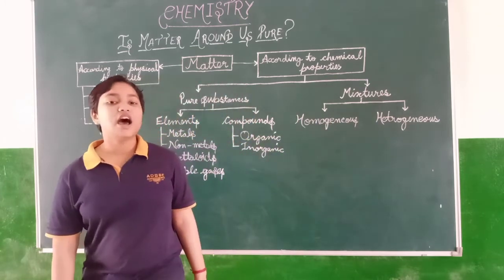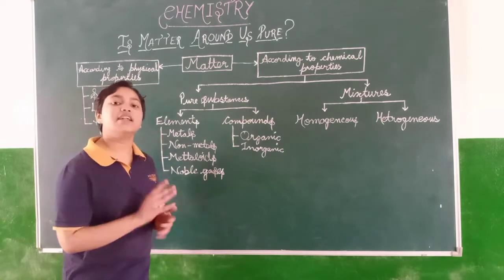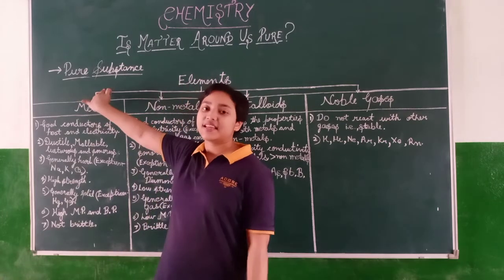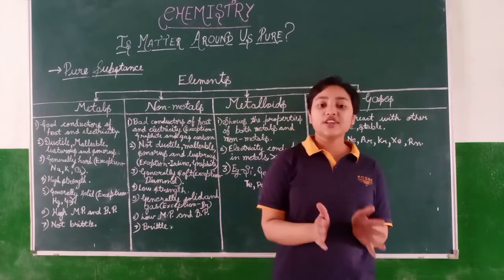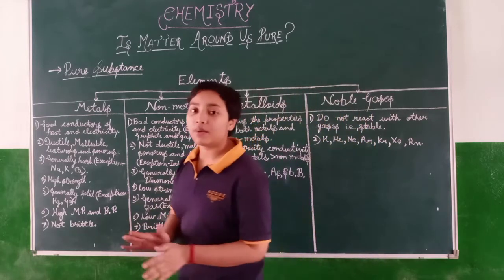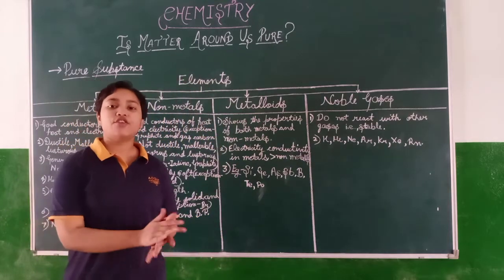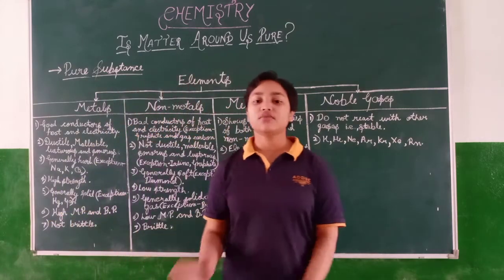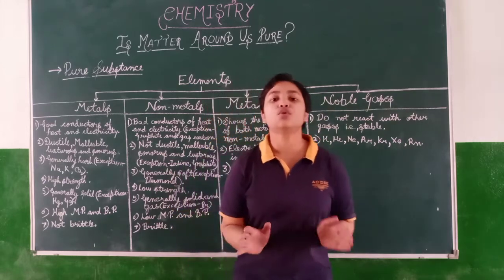So now we will learn about these pure substances and mixtures in detail. First, the pure substances. What are pure substances? The substances which have uniform composition throughout. They are made up of only one kind of particles and cannot be separated by any chemical means. Suppose that we have pure gold.